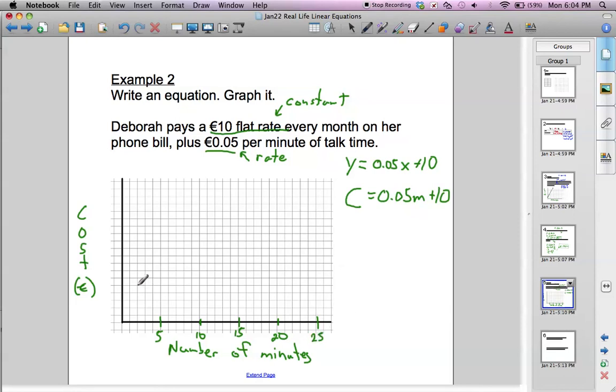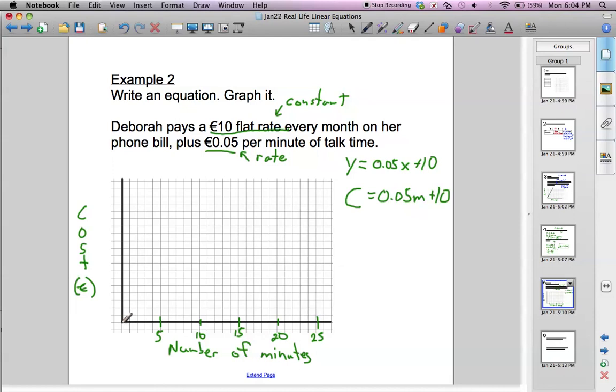But over here, we have a very small slope, and we're going to start off at 10. If I make a point here, then each time we're going to go up 5 cents. It's going to be next to impossible.